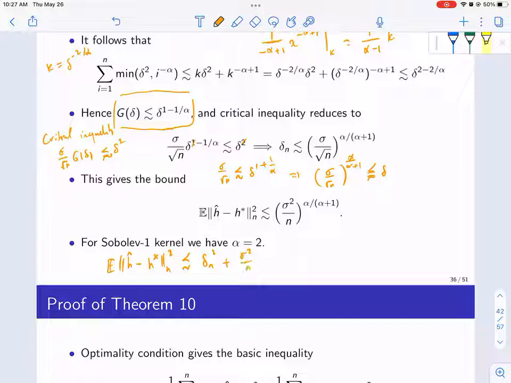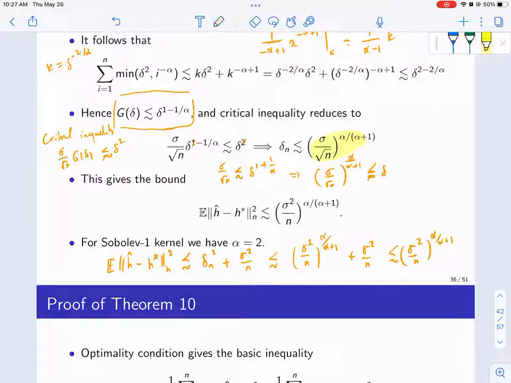From that result, this is up to constants bounded by sigma squared over n to the alpha over alpha plus 1. I'm just taking the square of this, plus sigma squared over n. But this dominates because this is slower, it goes to 0 slower, so that would be bounded by sigma squared over n to the alpha over alpha plus 1.